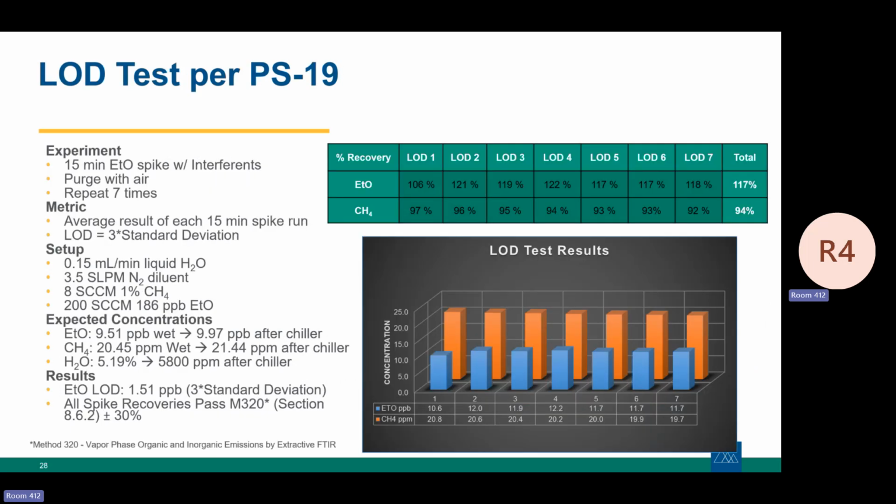This is some of the older experimental data, just to show what we did and where we were at. Again, we did the limit of detection test, looking at our ethylene oxide and methane recoveries. We ran all the numbers, and we got down to this one specifically. It was 1.51 ppb. We've now made some enhancements and have it much better.